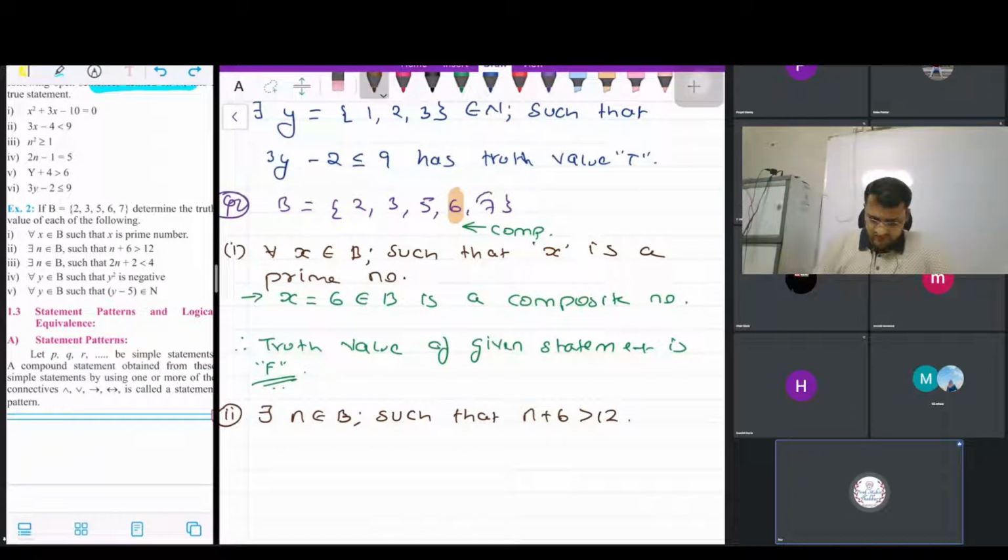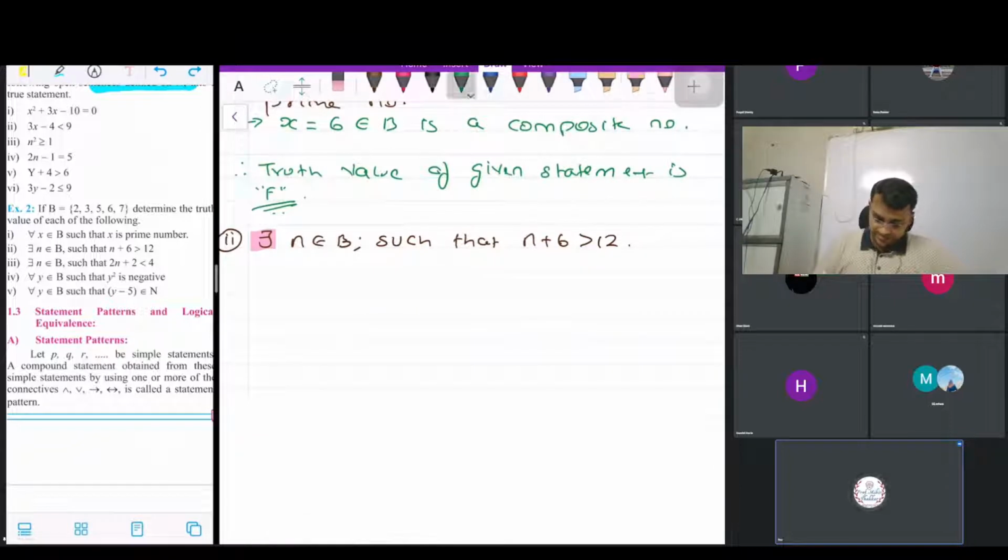There is only one number which is satisfying this condition. But this time, guys, the symbol in the question is there exists. The condition for there exists says that if any one value satisfies the condition, I cannot say that the truth value is false. I have to accept the statement and I will say that the truth value of the statement is T. Understood, everybody?